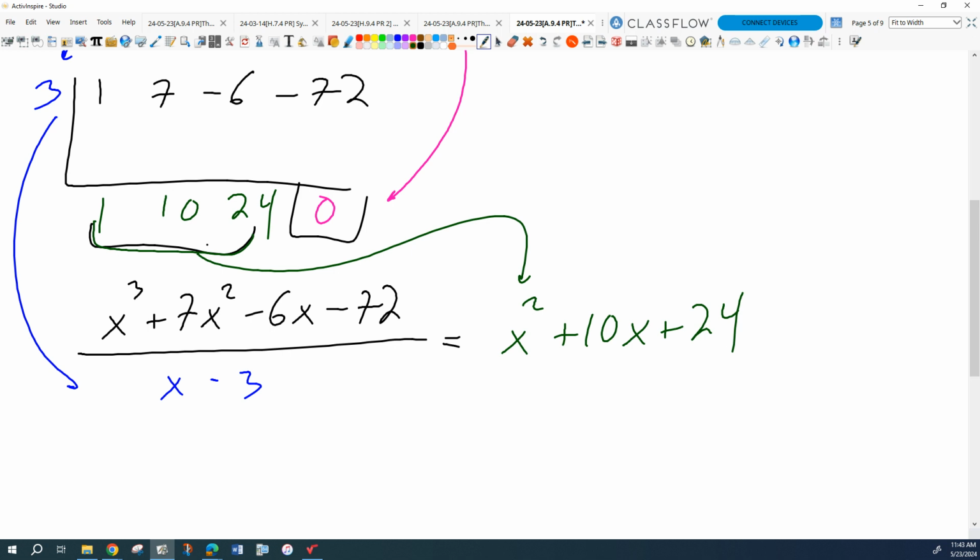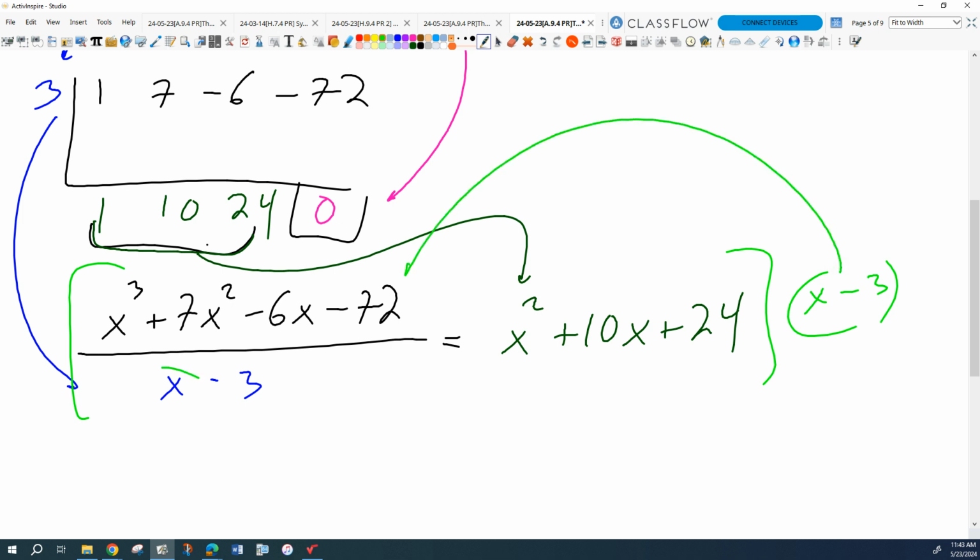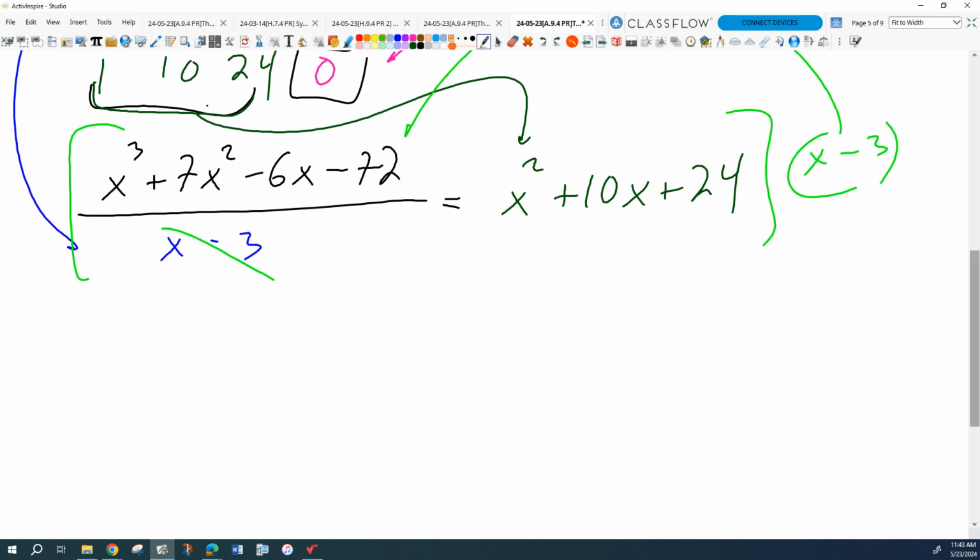How do I get there? Well, if I cleared the fractions, we don't have to do this, but if I cleared the fractions by multiplying both sides through by x minus 3, when I distribute to this term, it's just going to cancel that denominator, right? And what do we get?